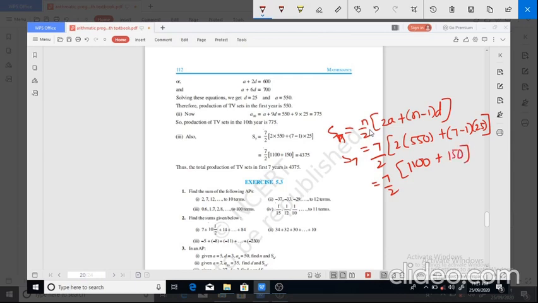So 150 plus 1100 is 1250, 7 by 2. After cancellation, you get 4375. S7 equal to 4375. This is here.